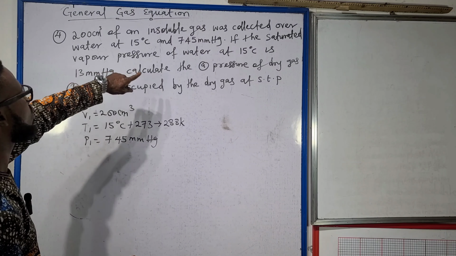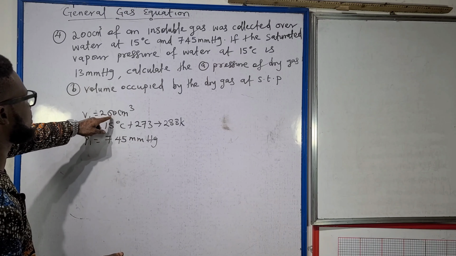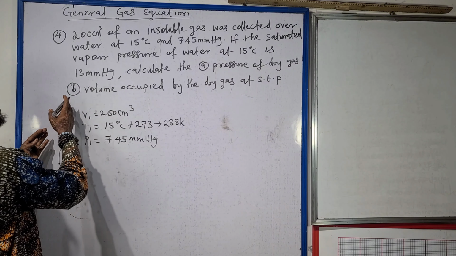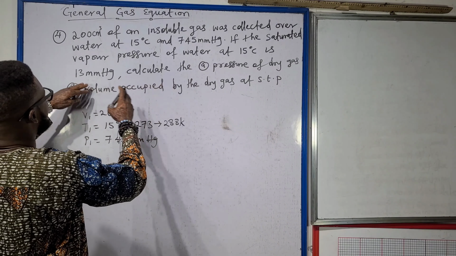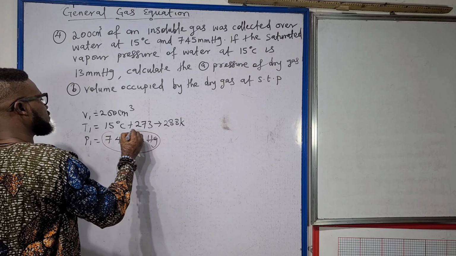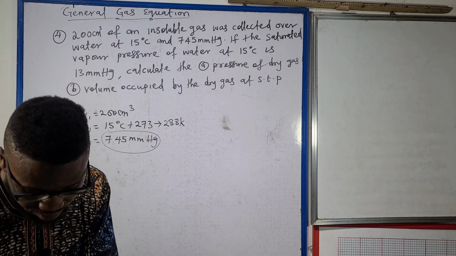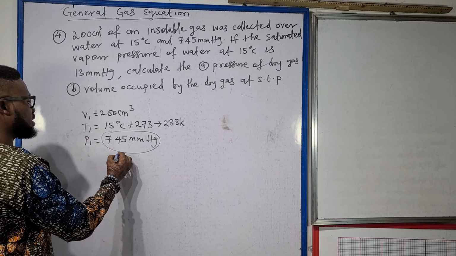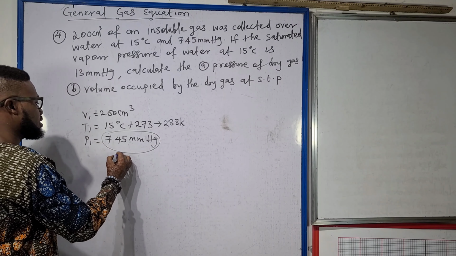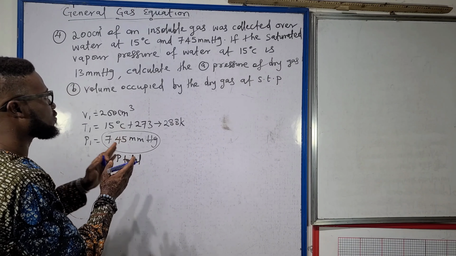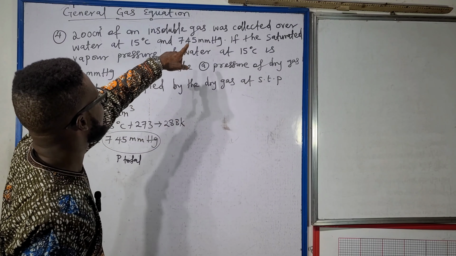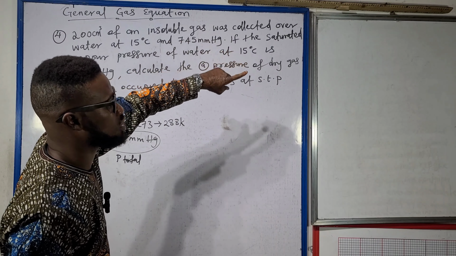what this means is that I cannot use this as P1. You see the 745 that I have here, that is my P total. P1 here is not 745 because it says insoluble gas was collected over water at 15 degrees Celsius and 745 millimeter mercury.